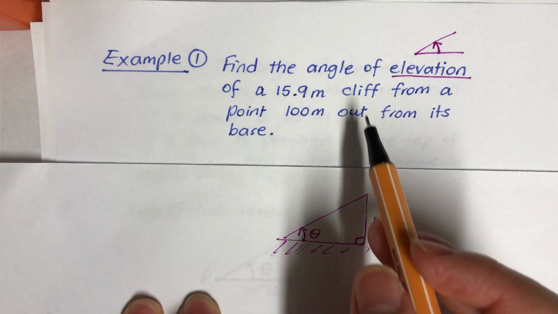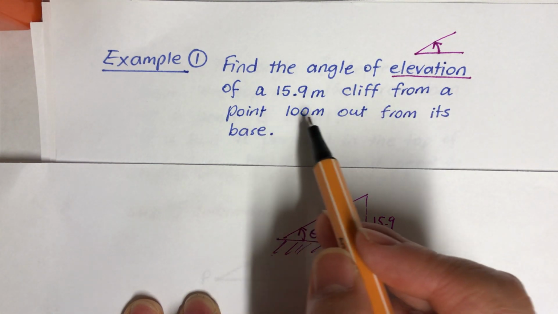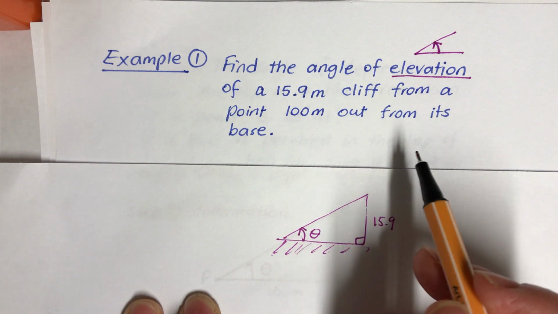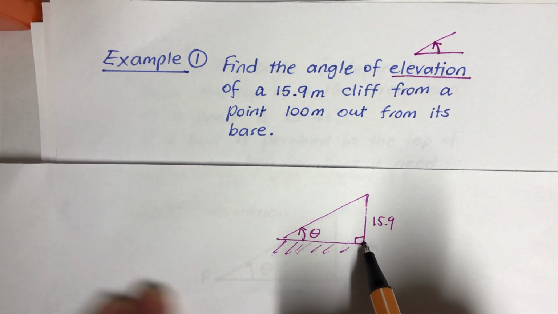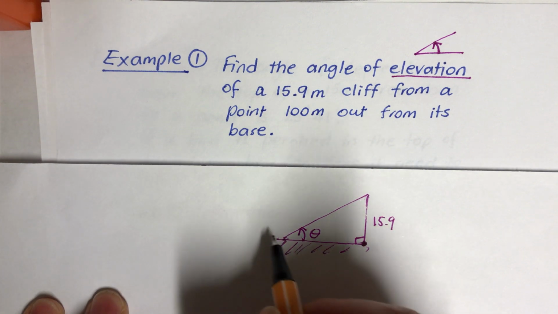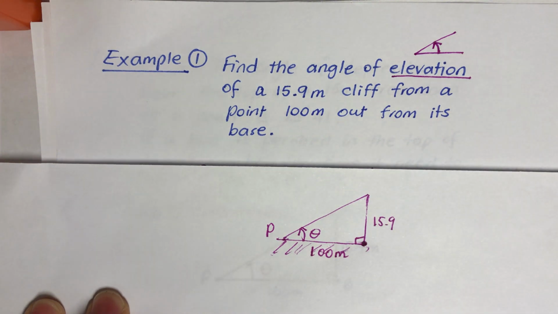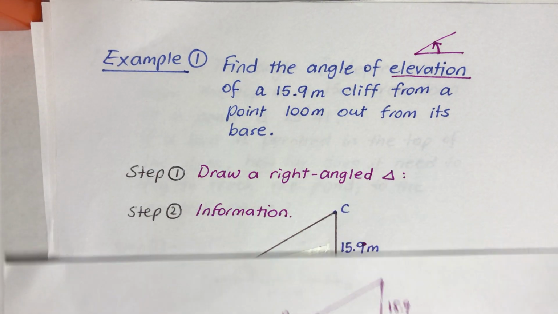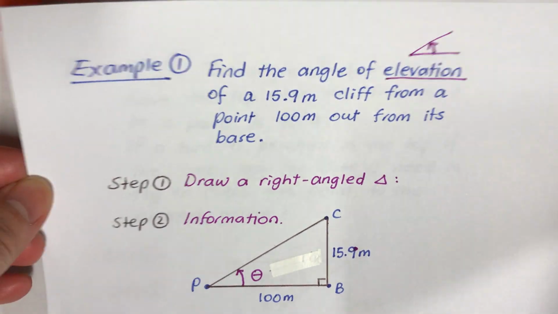And it says from a point 100 meters out from its base. So the cliff is here, the base is here, out from there, and the point is here, and that's 100 meters. Okay, so if I draw nicely, it'll look like this.